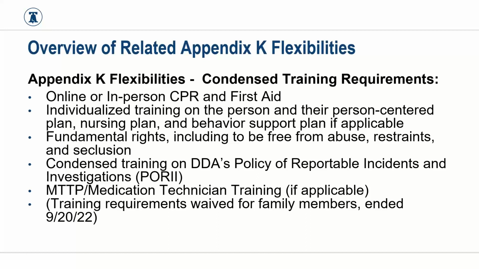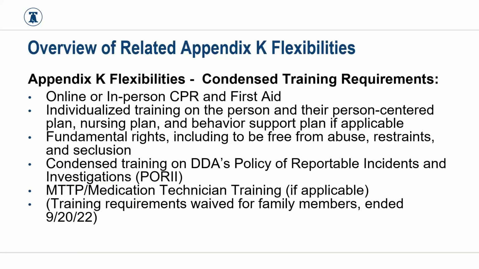There's also several flexibilities related to training. And so especially for newly hired DSPs during the pandemic, there were flexibilities such as being able to take online CPR and first aid instead of the in-person versions. Individualized training, however, for the person on their person-centered plan, their nursing plan, or behavioral support plan, if applicable, still remained a requirement.